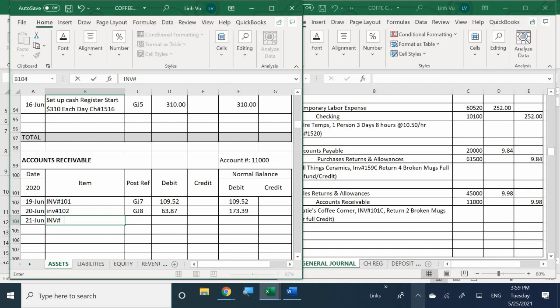Oh, invoice 101C, GJ9, and a credit for $9.98.